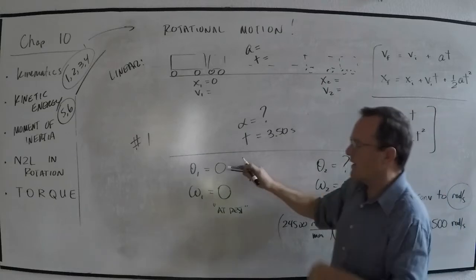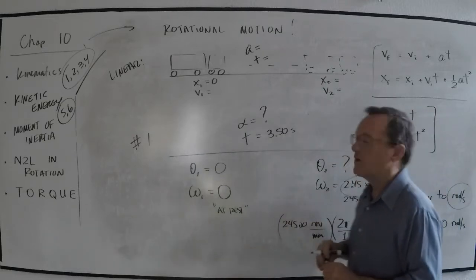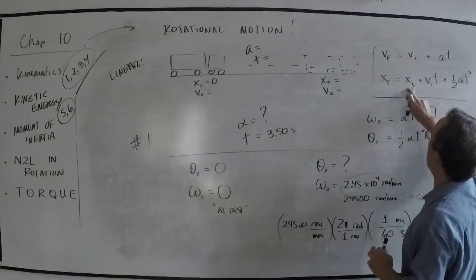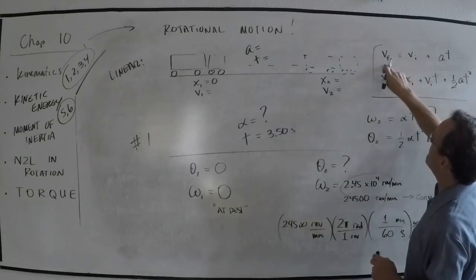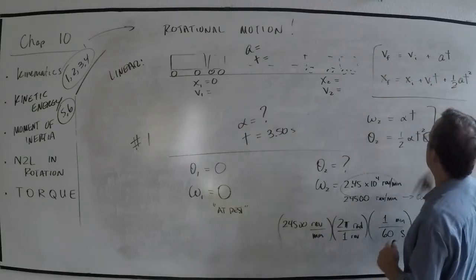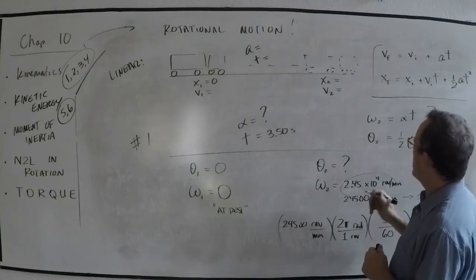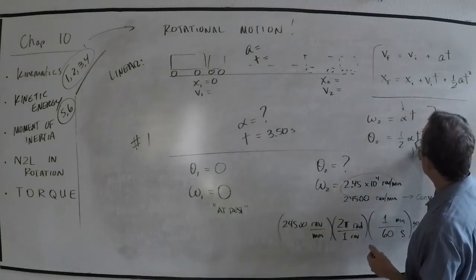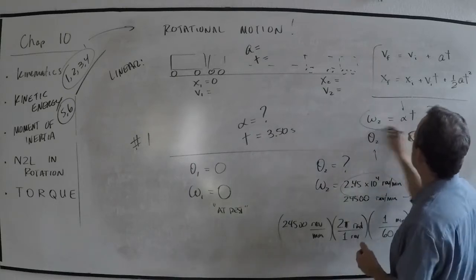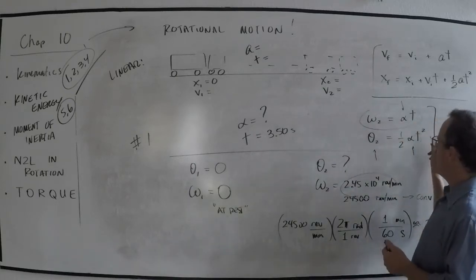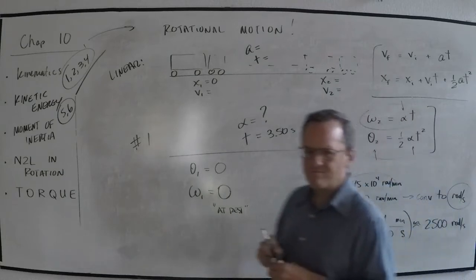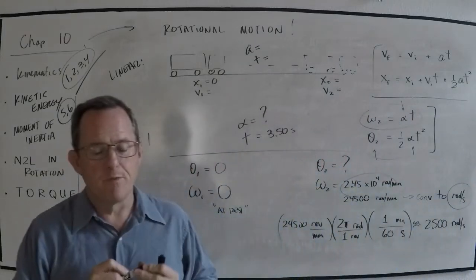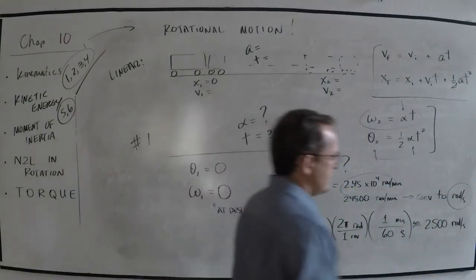You've done problems where the initial position and the initial speed are both 0. So that's 0, that's 0, that's 0. You get V final is AT and X final is 1/2 AT squared. Where are the unknowns? Well, the unknowns are alpha, right? And theta 2. Use this equation to get your alpha, and then use that to get your theta 2. Done. Very simple versions of what we did in chapter 2.